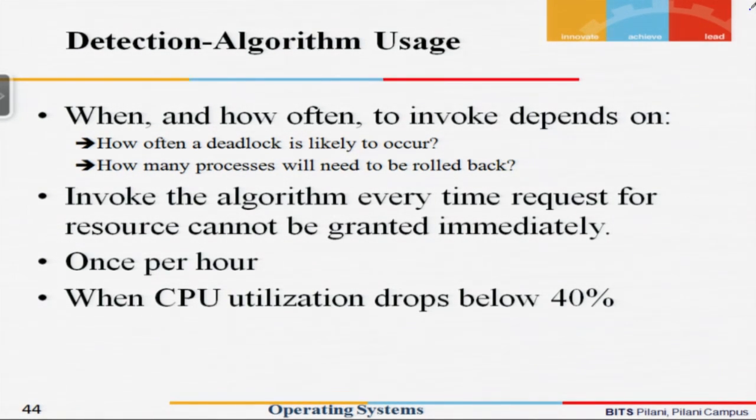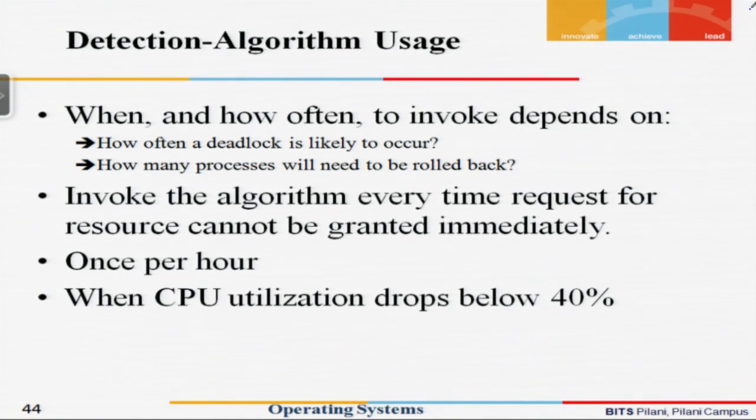Now the question arises: when and how often should this deadlock algorithm be invoked in the system? We do not know how often the deadlock can occur in the system. And we should also understand that even if we detect the deadlock, there are issues.